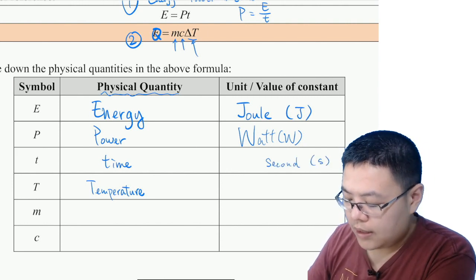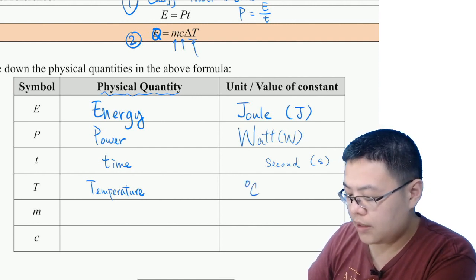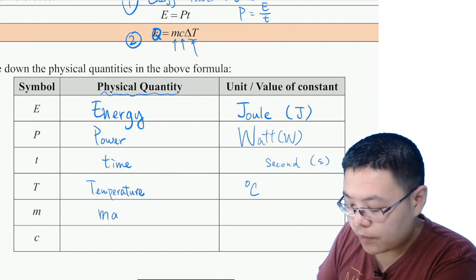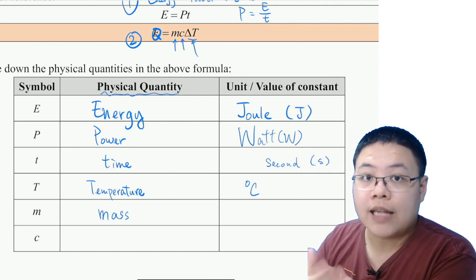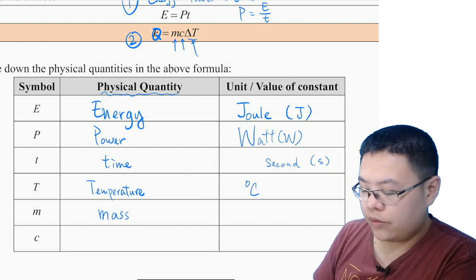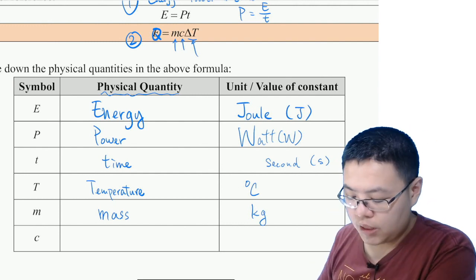And the unit for temperature is degree Celsius. And then M stands for mass. It means how heavy, or what is the amount you have, and the standard unit is kg.